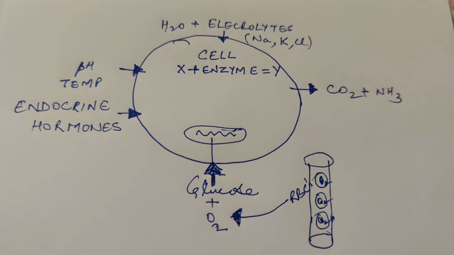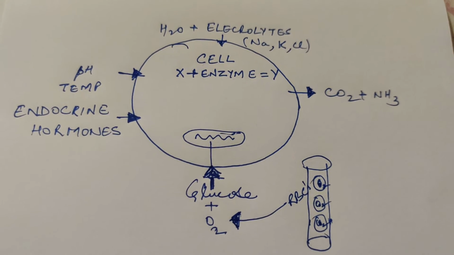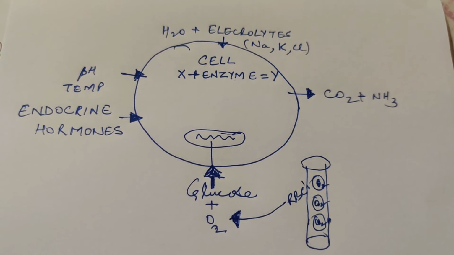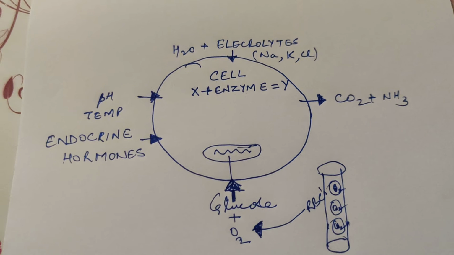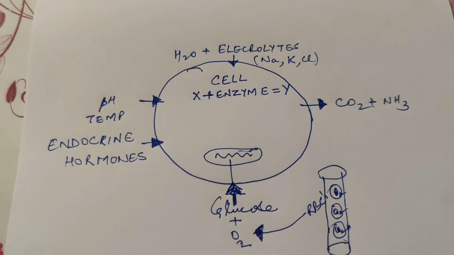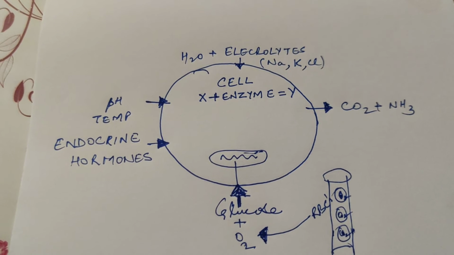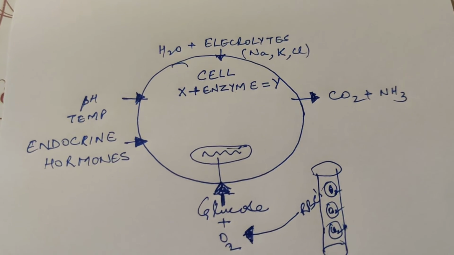If it is less, it will get dehydrated. So again, homeostasis of the water is important. Then electrolytes like sodium, potassium and chloride is very important, as a correct amount of electrolytes will help us to have proper electrical activity in some of the excitable cells, for example, nerve cell or a muscle cell.